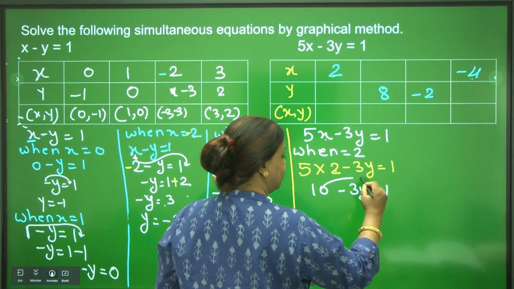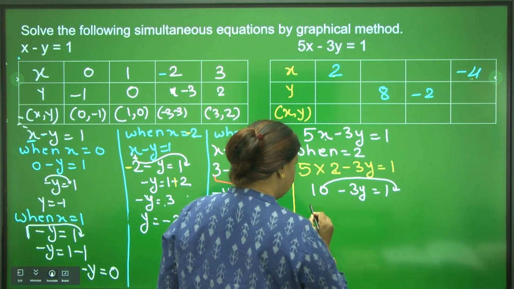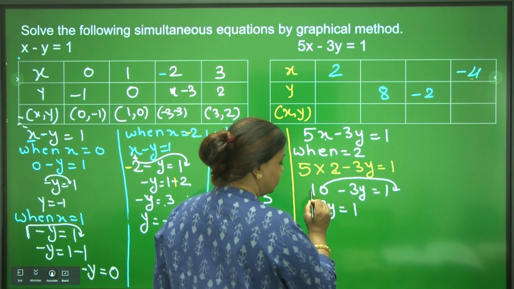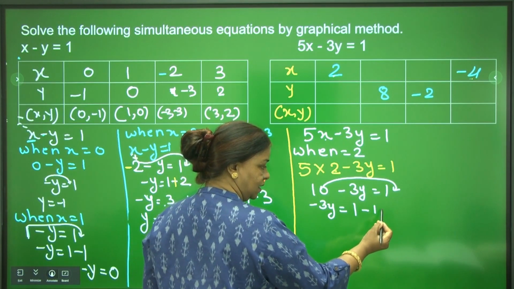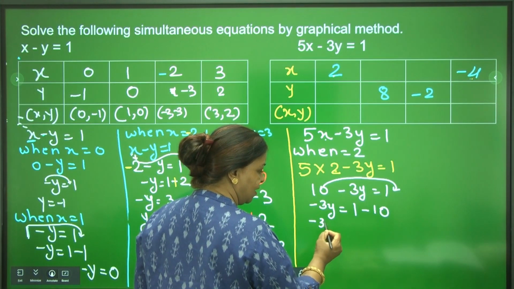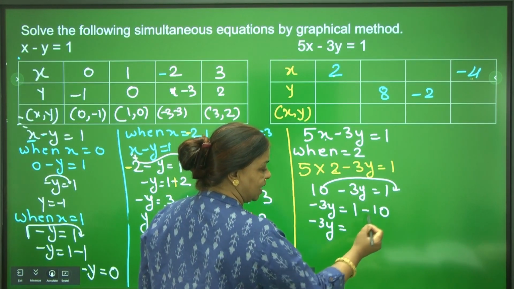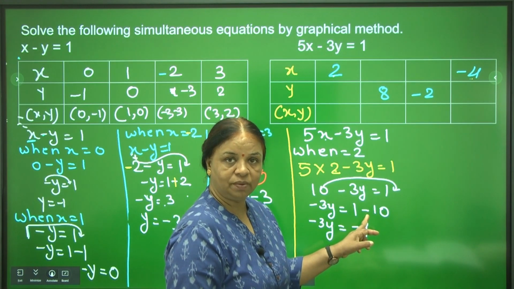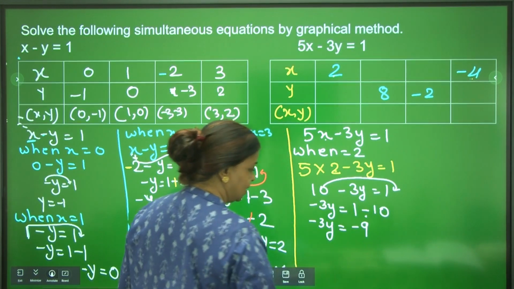Now 10 I will be shifting here. So it will be minus 3y equal to 1, 10 is plus, it will become minus 10. Now minus 3y is equal to 1 minus 10 is minus 9. See, 1 is plus, 10 is minus. So it will be subtracted, it will be minus 9.